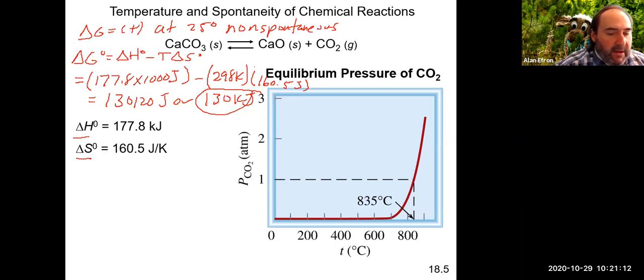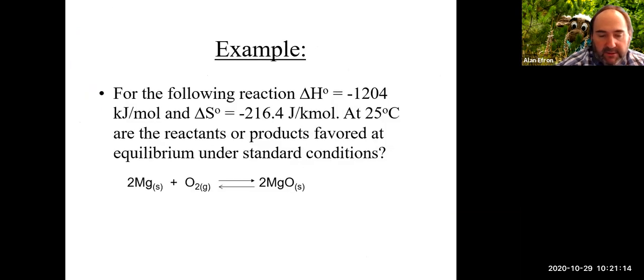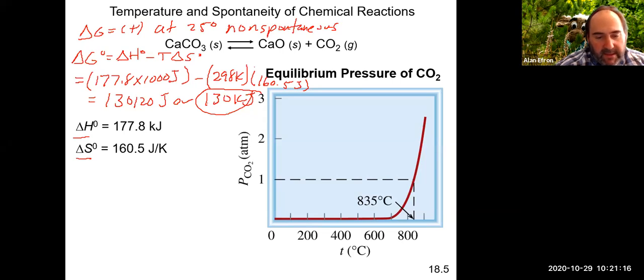And if you think about what we just talked about in terms of this formula, we had a delta H that was positive. We also have a delta S that was positive.